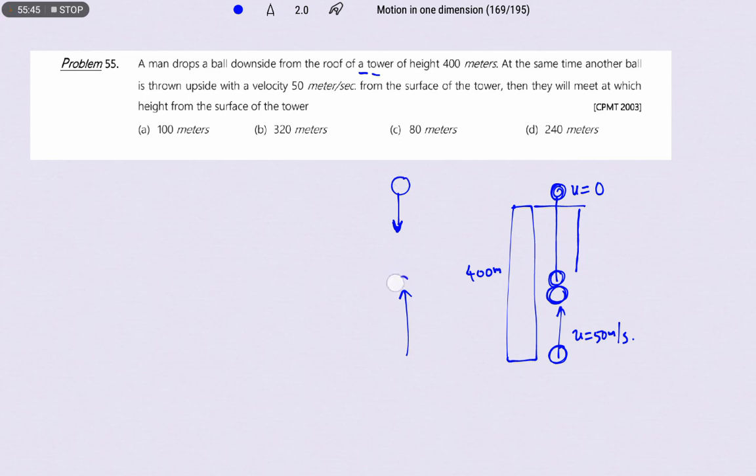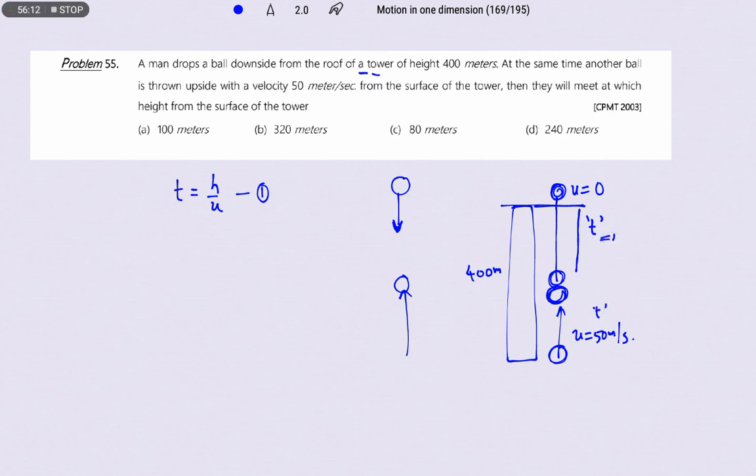The time of meeting, I gave the formula already, we can write t equals h by u. They are asking the height of the point where they will meet. The time for the freely falling object will be t, and in the same way for the upward body it will also be t.